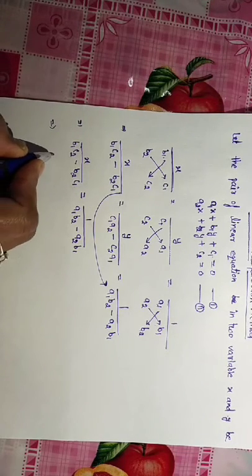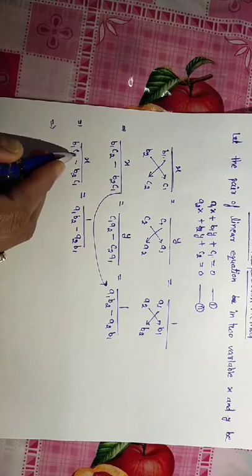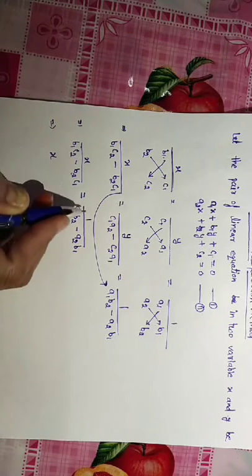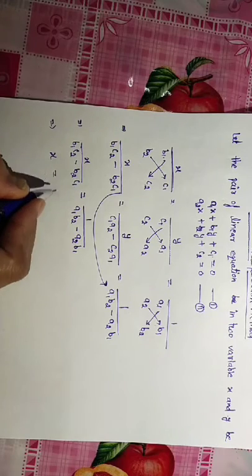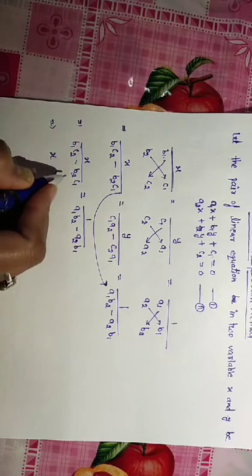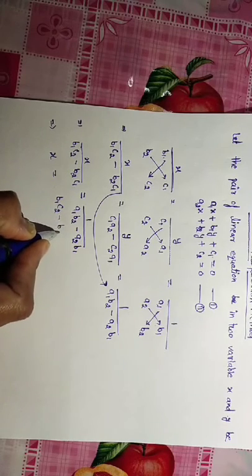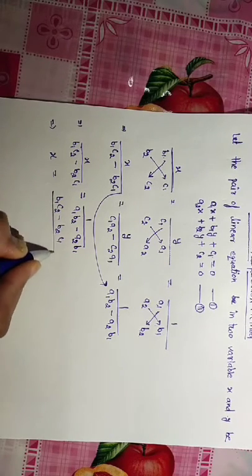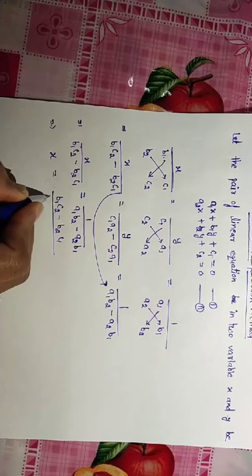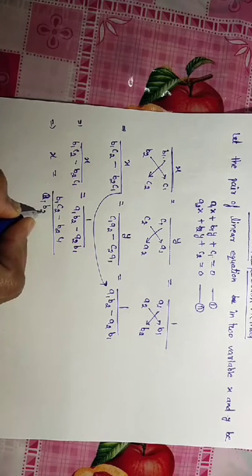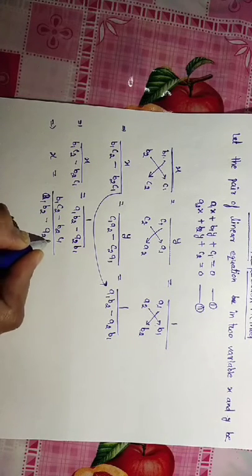To find the value of x, we transfer the denominator of x to the RHS and we get b1 c2 minus b2 c1 upon a1 b2 minus a2 b1.